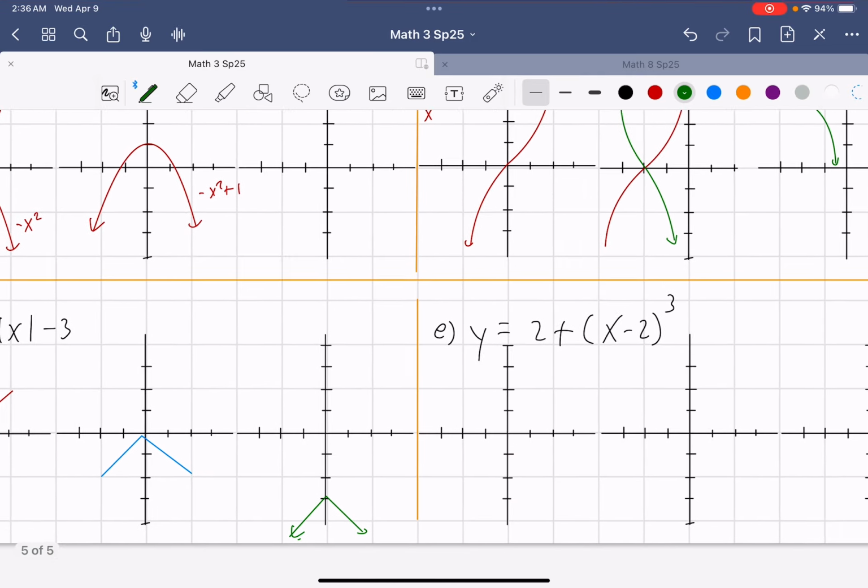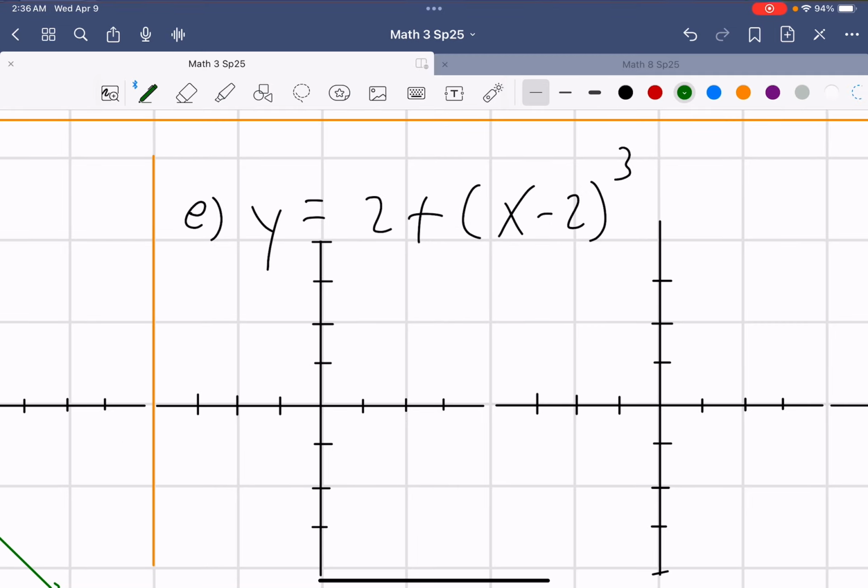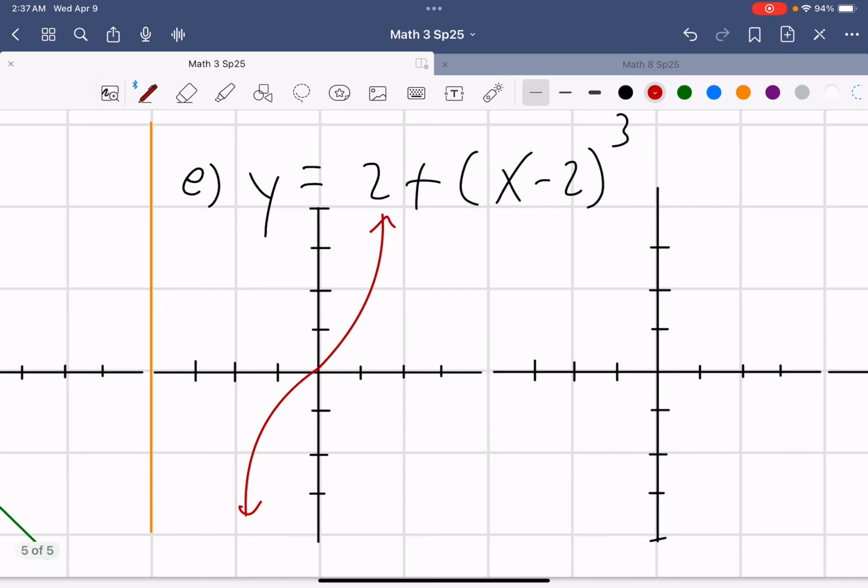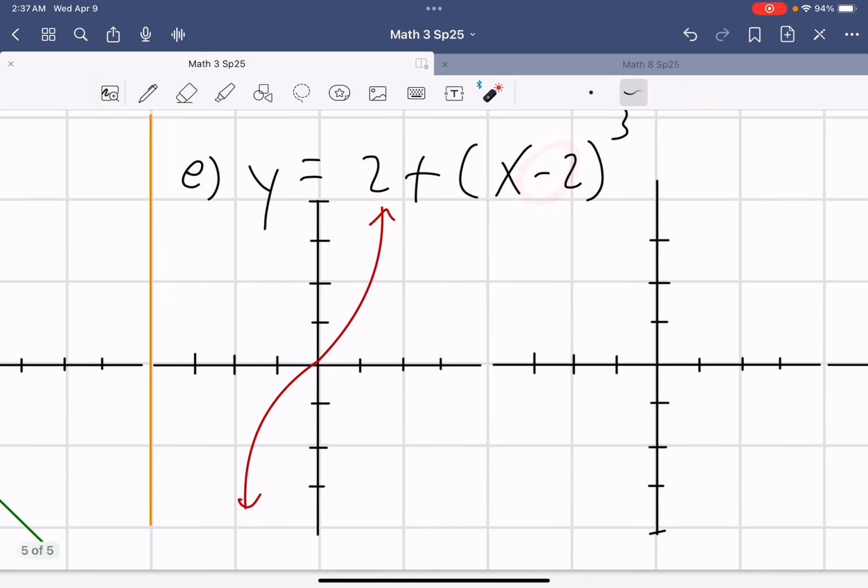And one more. Oh, sorry, the cube. There's a cube here. Remember, inside does opposite of everything, so negative 2 actually moves it to the right by 2.